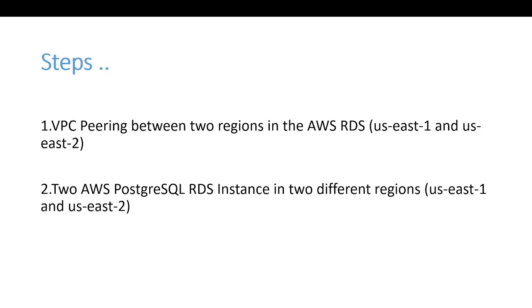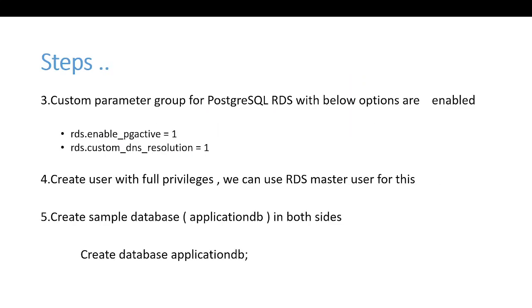Step number 3: we need to create a custom parameter group for PostgreSQL with the below options enabled. Enable pgactive equal to 1 and custom DNS resolution equal to 1. Both options need to be enabled to do the further steps.